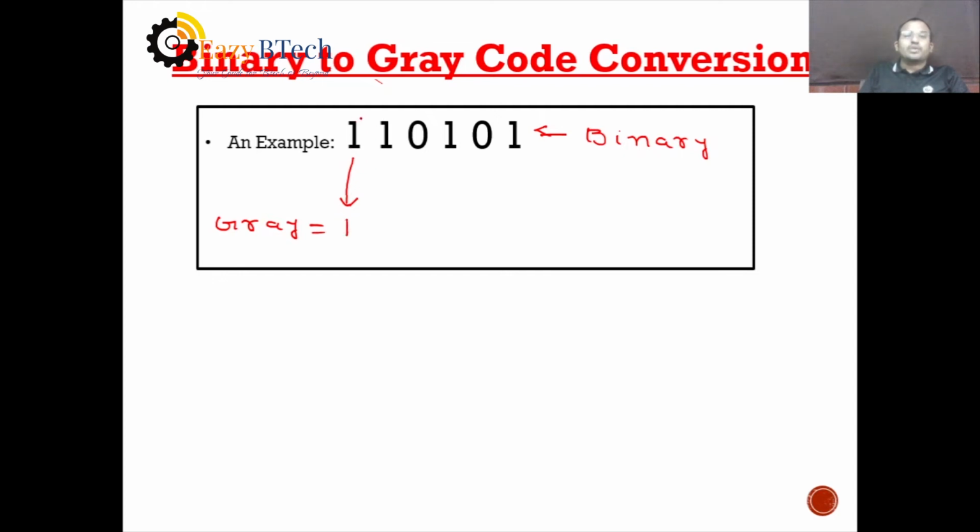Next we have to take the modulo sum between two successive bits. If you take the modulo 2 sum between these two, the answer is 0. Next, to get the next position, we have to take the modulo sum between two successive binary bits. If you take the modulo sum between 1 and 0, it will give 1.